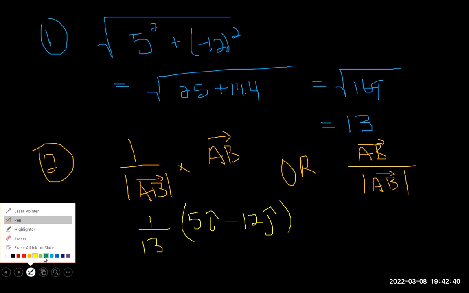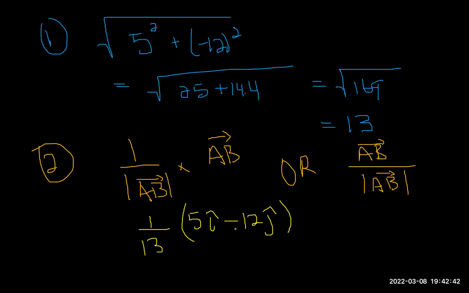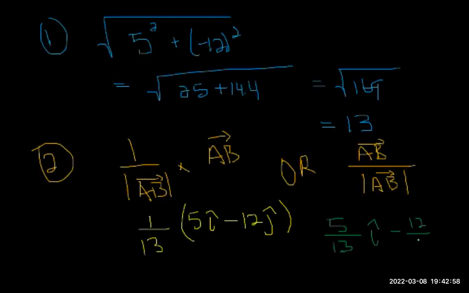I'm just writing it out just in case somebody doesn't understand what I'm saying. So I'm telling you, unless they ask you to write it in a specific form, it's acceptable to just leave your answer like this. There's no need for you to write the answer as 5 on 13 i hat minus 12 on 13 j hat.